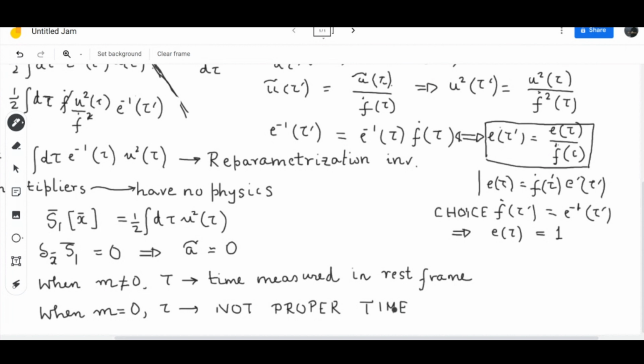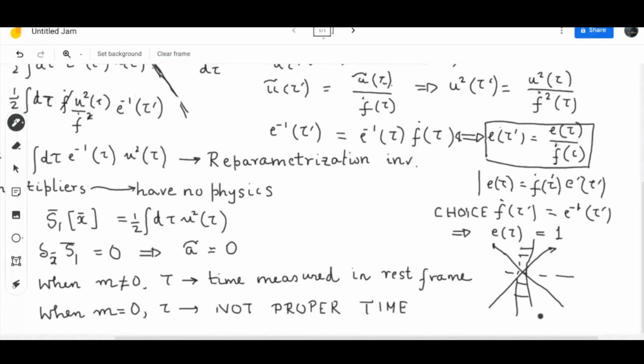You see, time makes sense only when you have mass, right? So you can talk about a particle going like this or so on, and you can talk about time, various times. But when you talk about light, you see, there is no such thing as time.